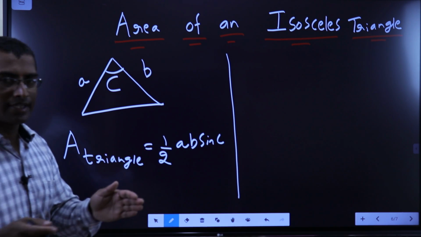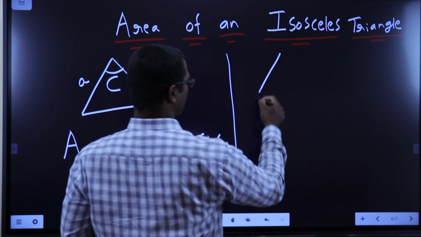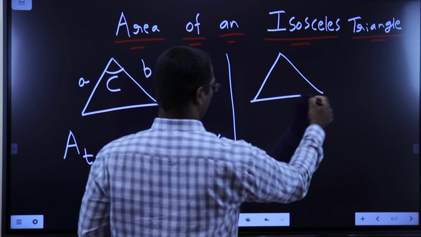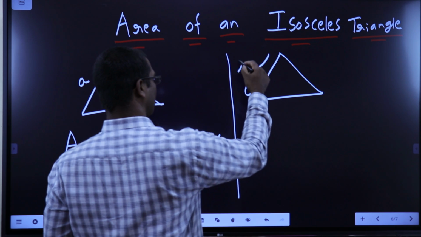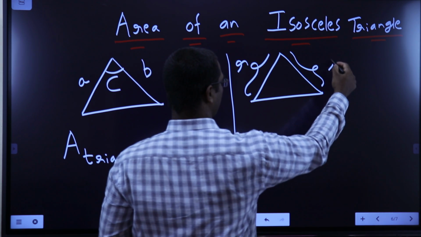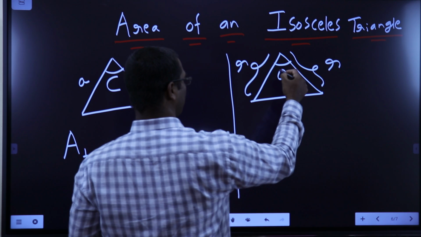Over in the radians lesson you will be coming across isosceles triangles, and mostly here this length will be R, this length will also be R, and the angle between them will be theta.